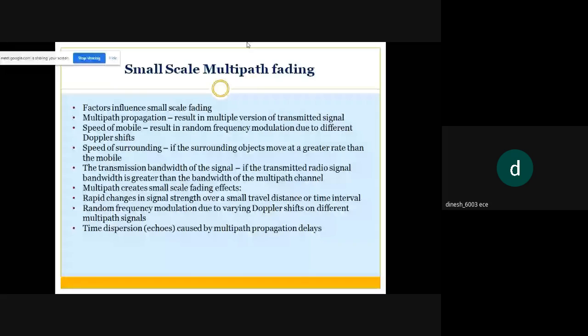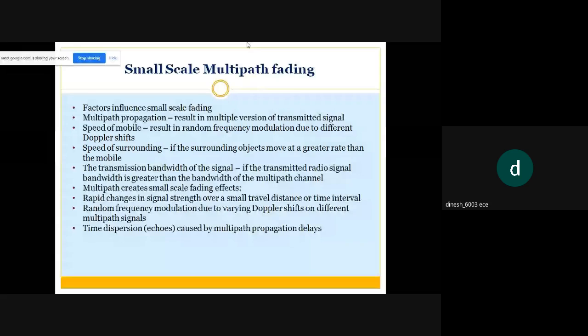So due to the above factors, small scale fading effects are rapid changes in the signal strength over a small travel distance. Even though the signal travels a shorter distance, the power which is being transmitted will vary.